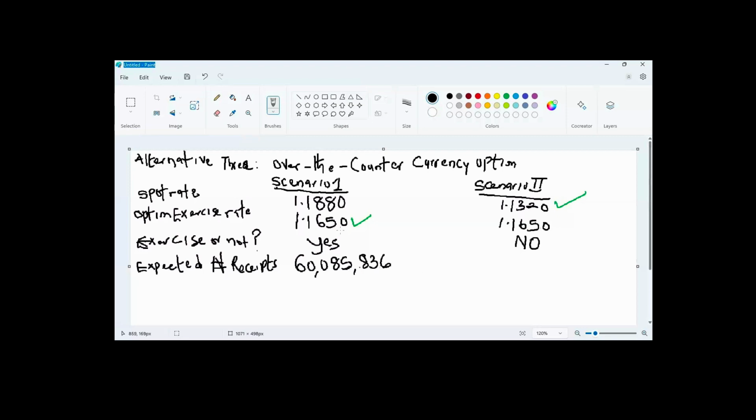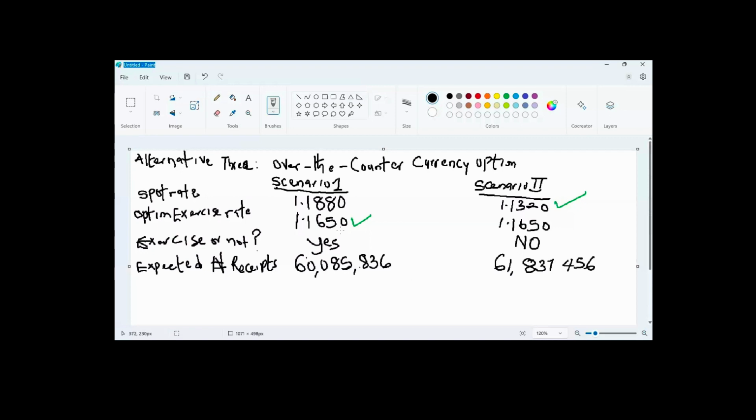Here I said no. I want to use the spot rate. I don't want to use the exercise rate. The amount is 61,837,456.